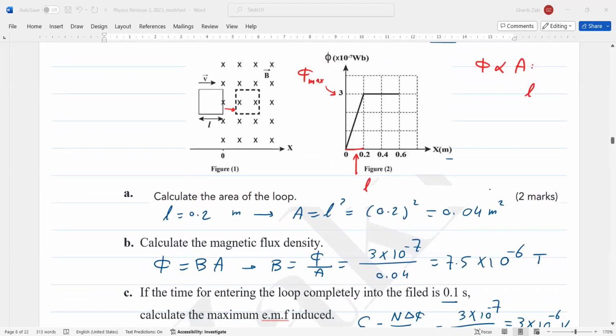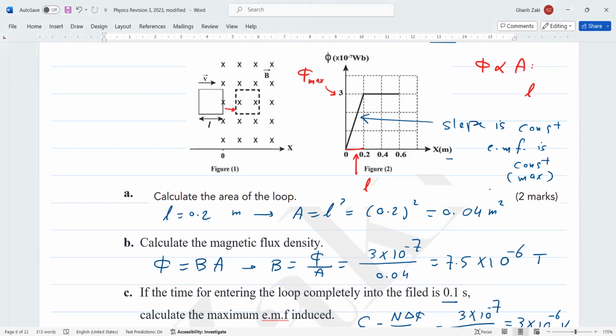Because it is a line here, the slope is constant. Then EMF is constant. It has the maximum value, by the way, that we got. But when it's horizontal, there is no change in flux. So EMF equals 0.